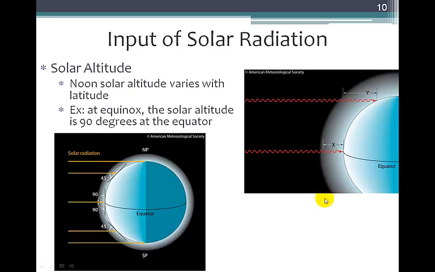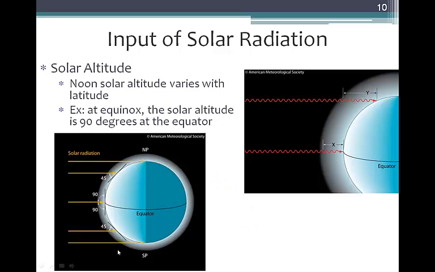So not only do we have that flashlight effect that we saw in the previous slide, but we also have the energy passing through the atmosphere. And as we'll see in a moment, the atmosphere presents a lot of different surfaces and gases that disperse some of this energy. So the more atmosphere the solar radiation has to pass through, the less of that energy is going to reach the surface.